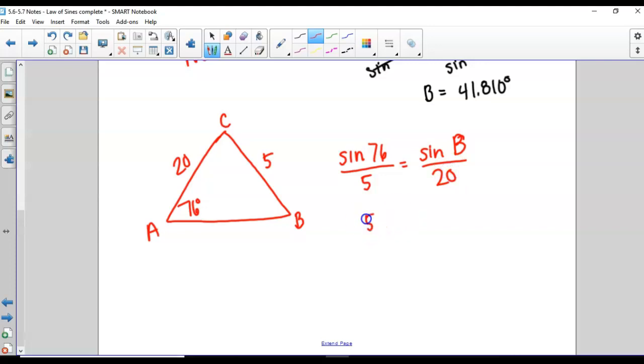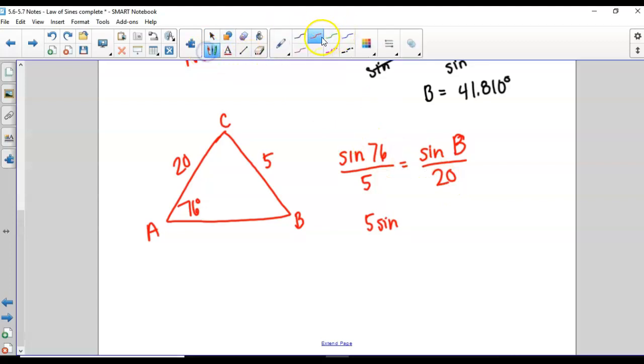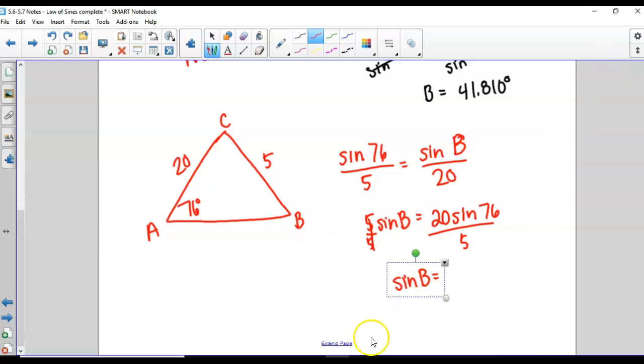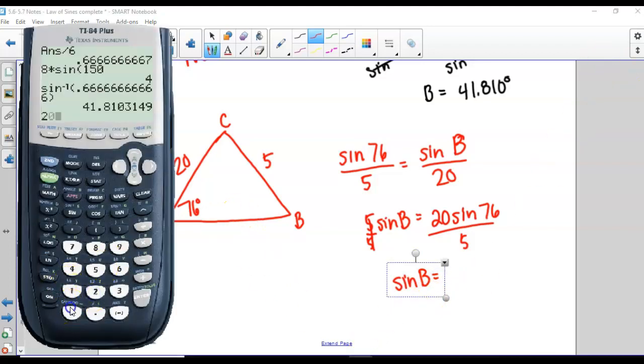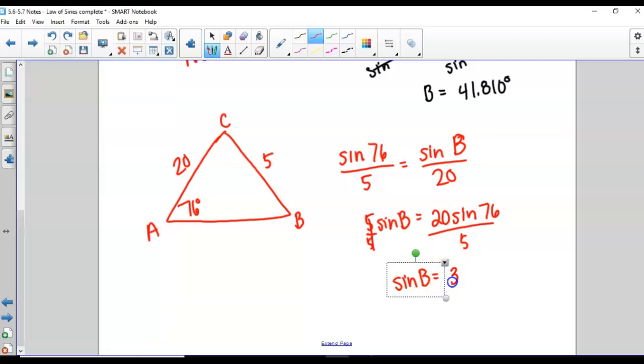So I would get 5 sine B equals 20 sine 76. I divide by 5. So I'd get sine B equals 20 sine 76 divided by 5. So I would get sine B equals, this is usually what happens, 3.88 something here.